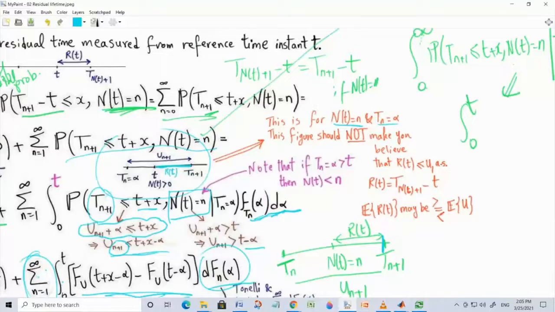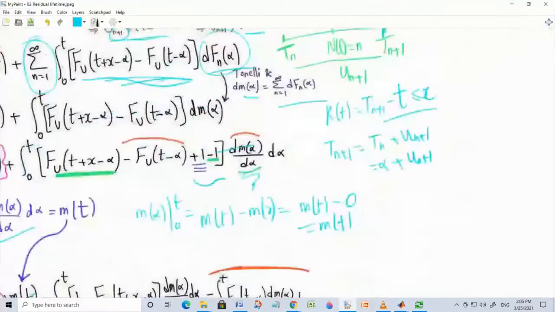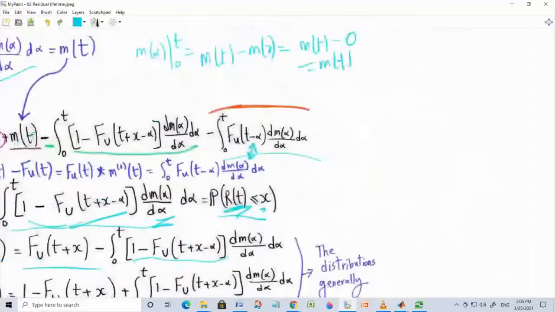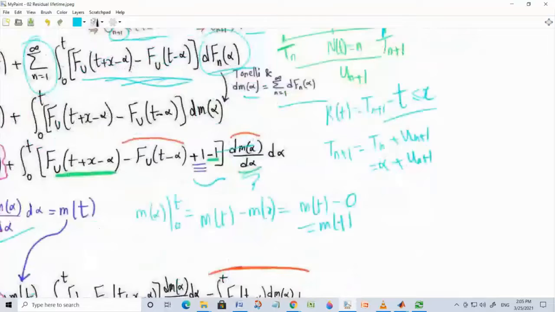In fact, if you compute the expected value of R(t), you can do it in a number of ways. You can use the PDF, or you can use Wald's identity, as I will use later in the lecture.